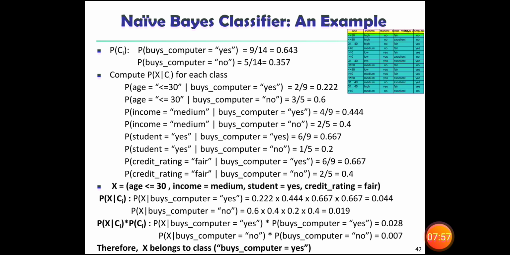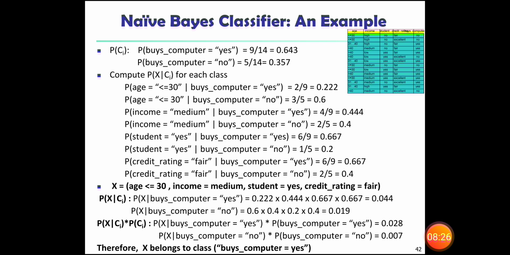Another one: P of income equal to medium, if the buys computer status is no, then 2 by 5 equal to 0.4. In the same way for the student label, P of student equal to yes given buys computer yes, then 6 by 9.